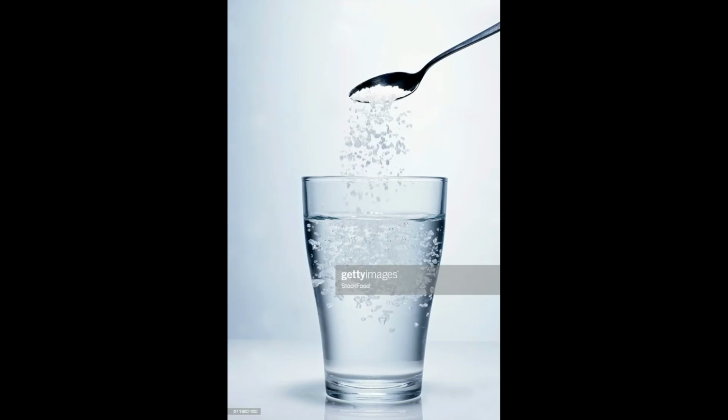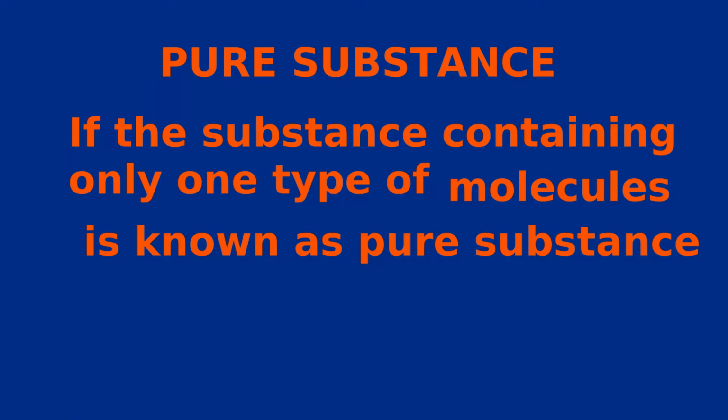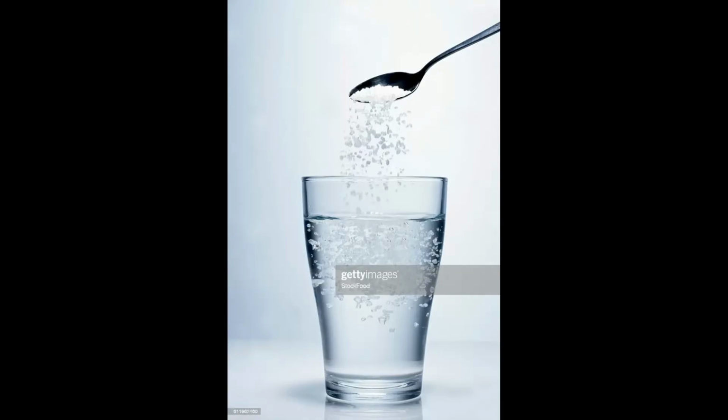Okay, so is this a pure substance? No. A pure substance always contains only one type of molecule. Here, in a salt solution, it contains molecules of salt and molecules of water.